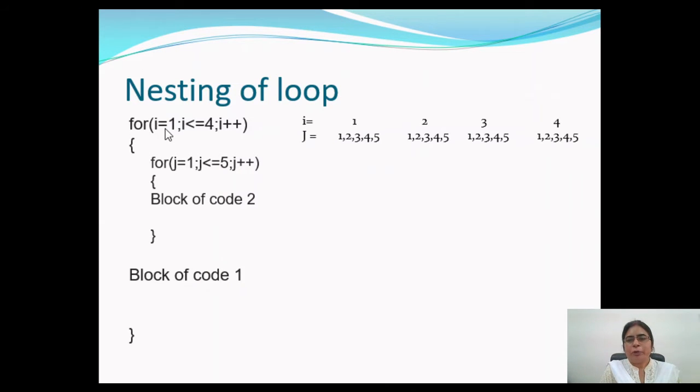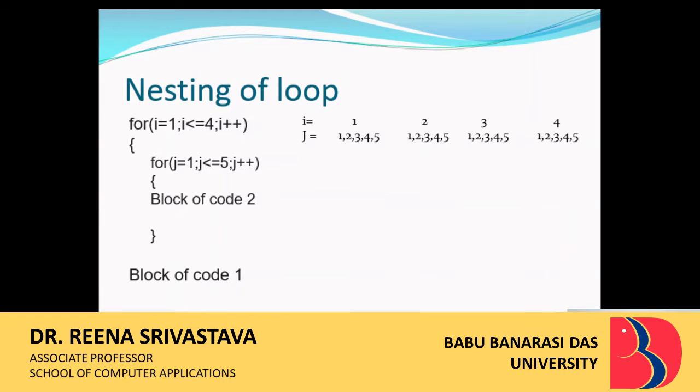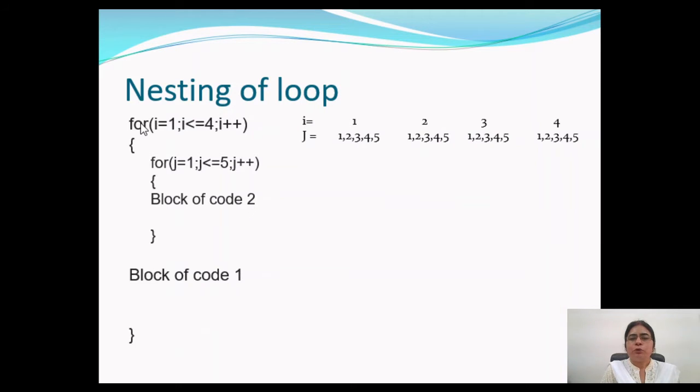Now the outer for loop starts with the value of i as 1 and goes till 4. So it will execute 4 times, for the different values of i as 1, 2, 3 and 4, as shown here. For every value of i, we will have one iteration of the outer for loop, and for that value of i, we will have all the iterations of the inner loop. In the inner loop, we are starting the value of j with 1 and going till 5.